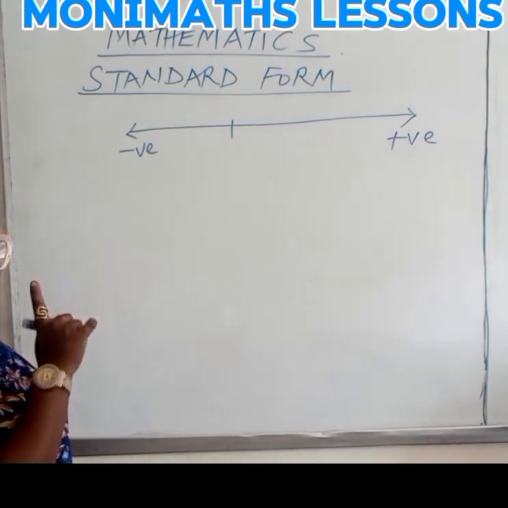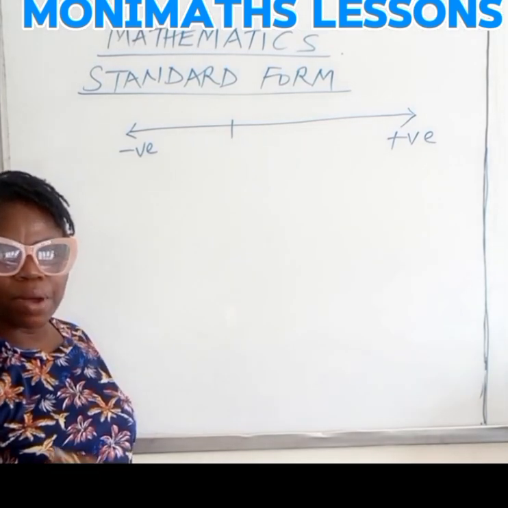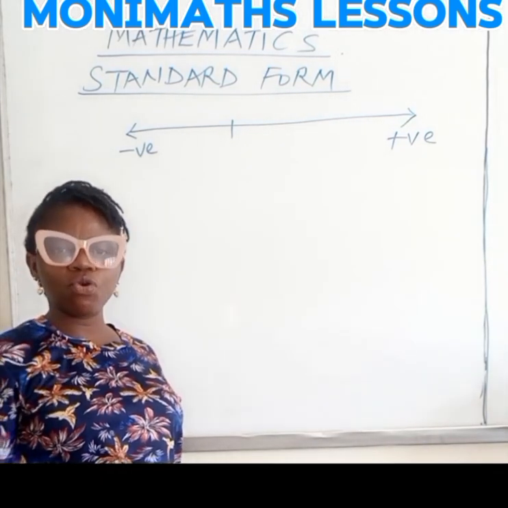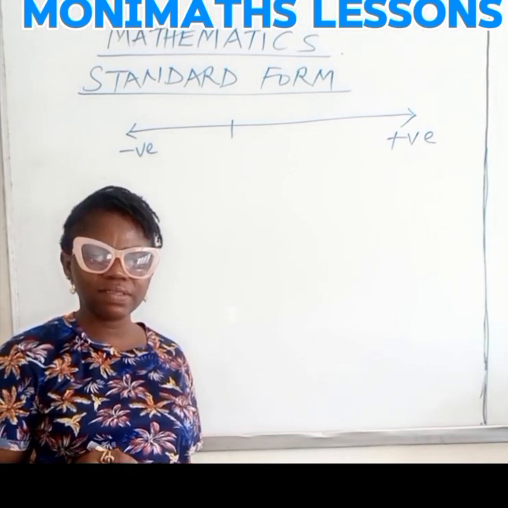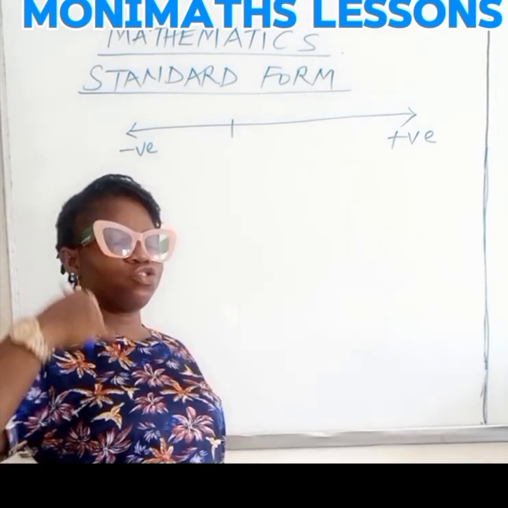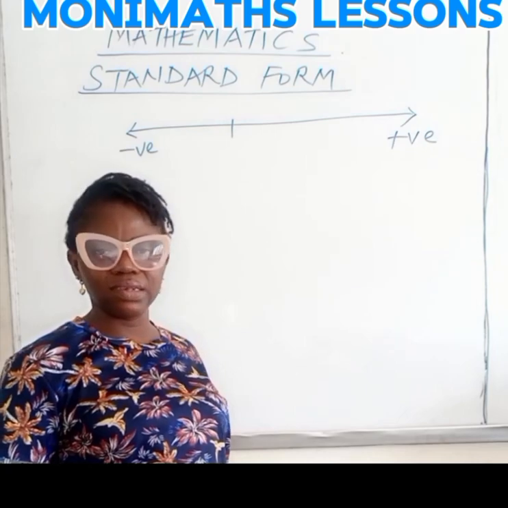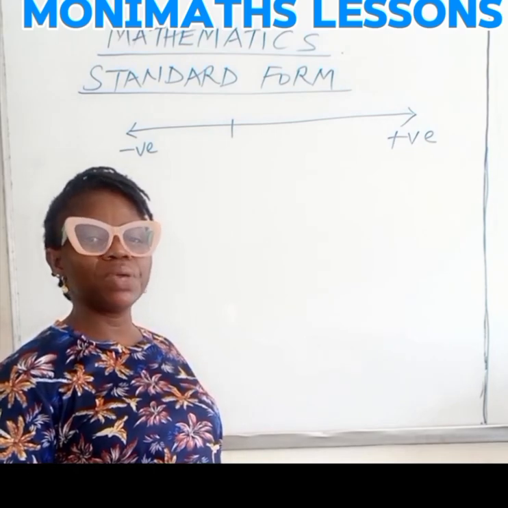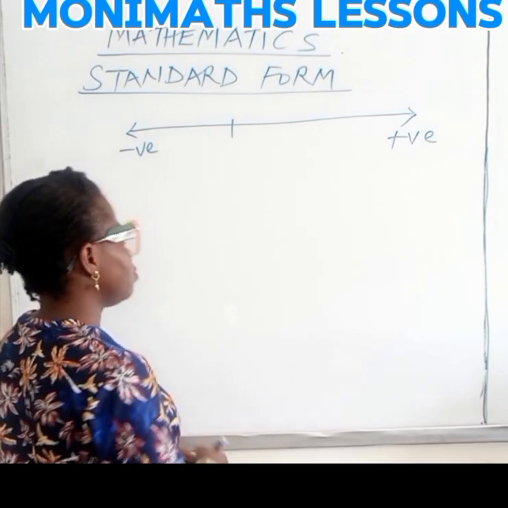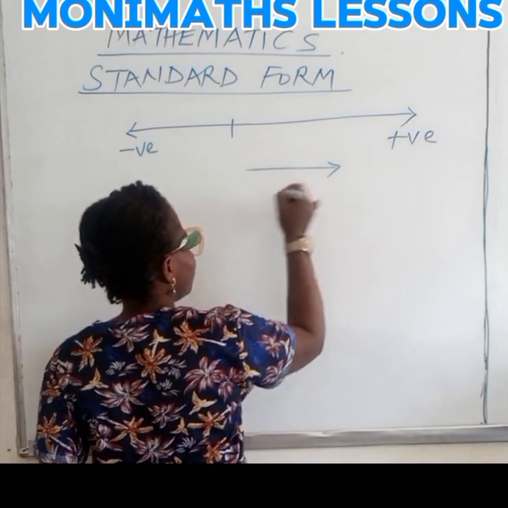So, we are going to be making use of this when writing both whole numbers and decimals in standard form. As you move your decimal point towards the positive axis, your powers are going to be negative. This is what I mean.